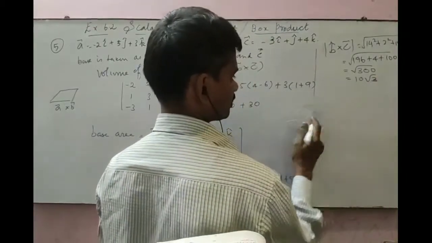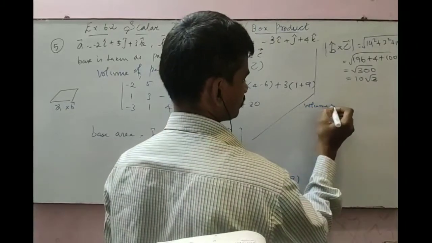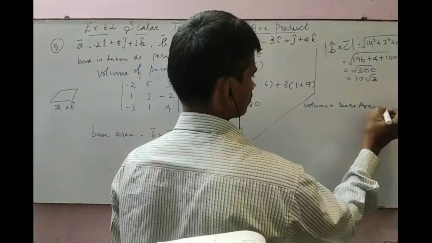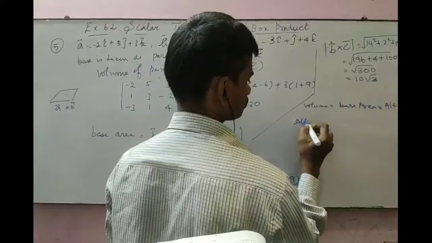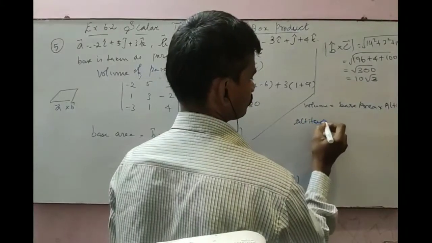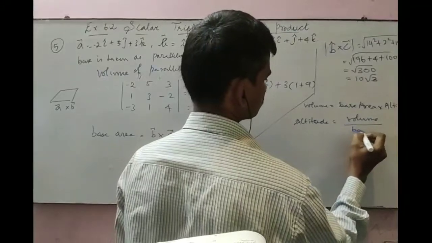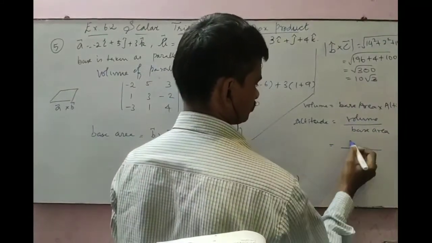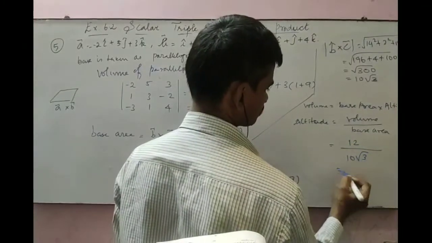Now I am going to find the altitude. What is the volume of the parallelepiped? How will you get the volume? Base area into height, that is altitude. So to find the altitude, we have to divide the volume by the base area. So the volume here is 12 by the base area 10 root 3.